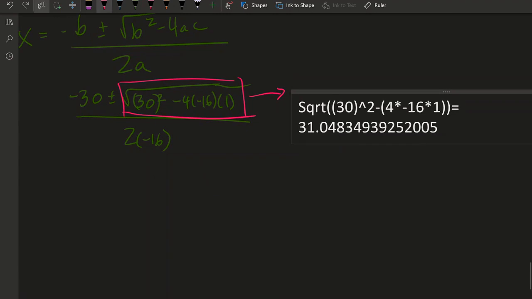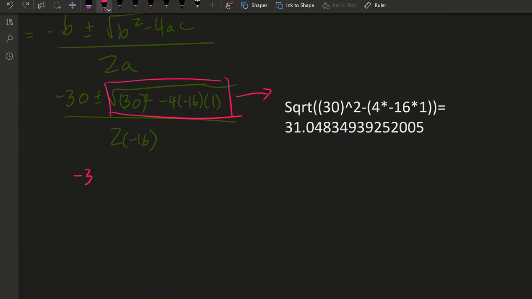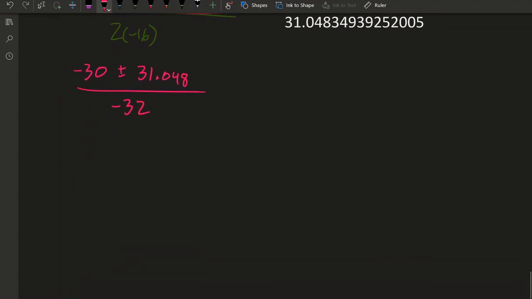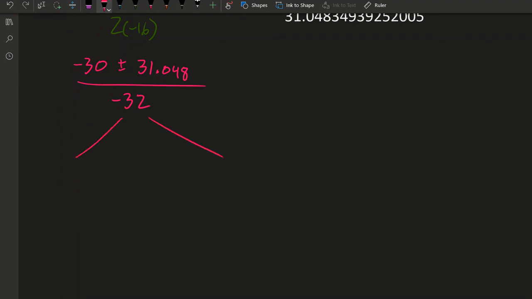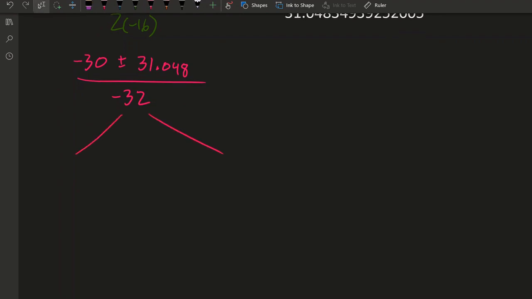So I've got negative 30 plus or minus 31.048 over negative 32. Now, I'm going to split this, and that means I'm going to calculate it as negative 30 plus 31.048 divided by negative 32.